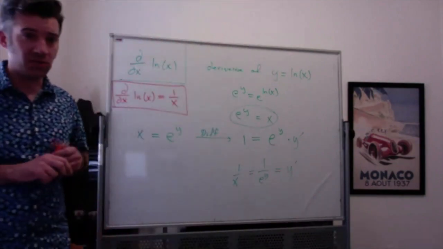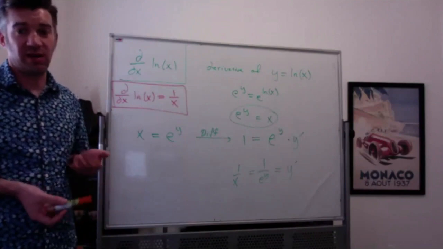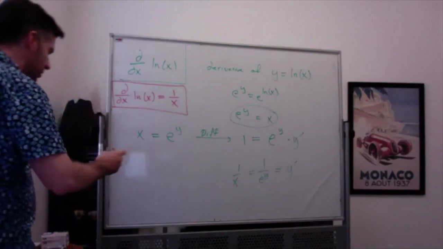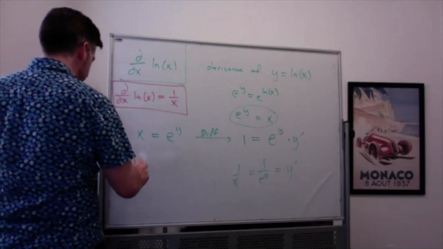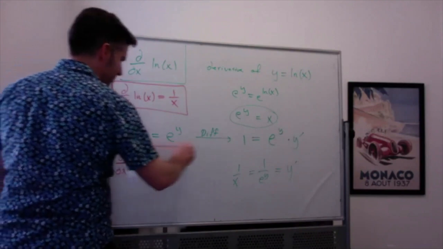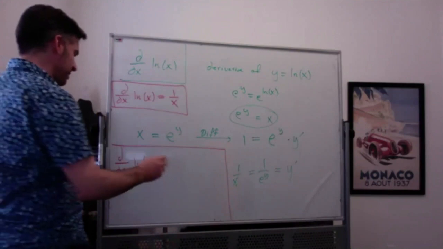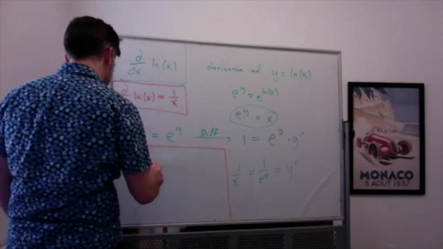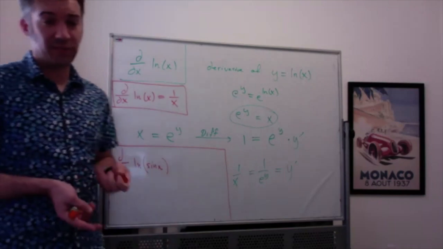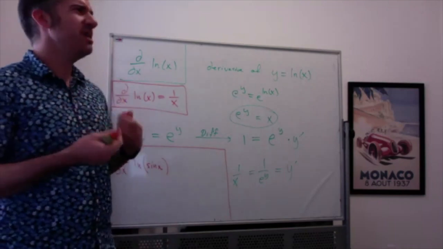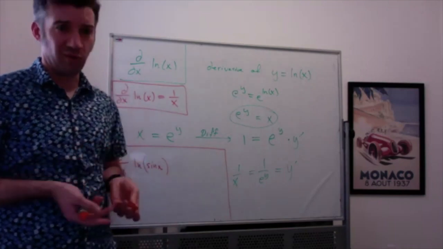Okay, and now, since we're in a chain rule kind of mood anyway, we might as well talk about the chain rule version of this. So if I was to take the derivative instead of, say, the natural log of, now let's make it interesting, like sine of x. I'm just using the same words every time.